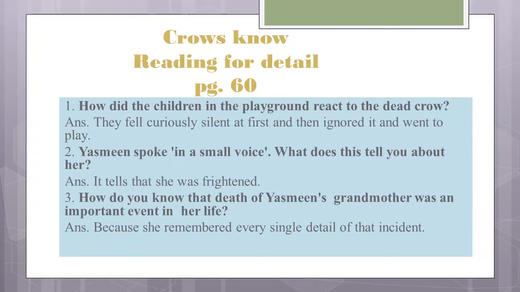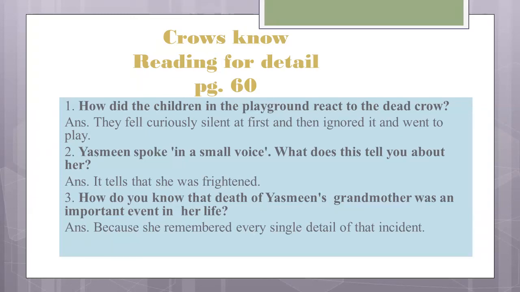Number 3. How do you know that the death of Yasmin's grandmother was an important event in her life? Answer is, because she remembered every single detail of that incident. Question number 4. Why did Yasmin not want other children to see that she was upset about the dead crow?